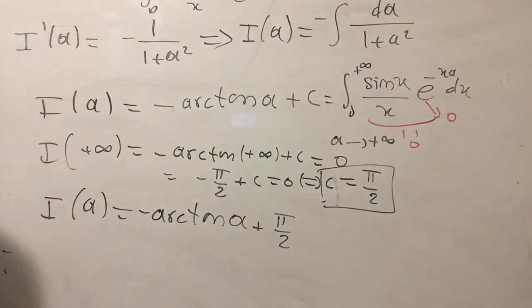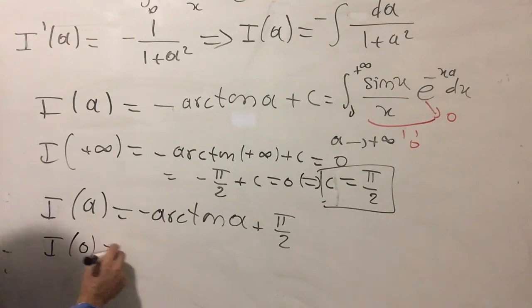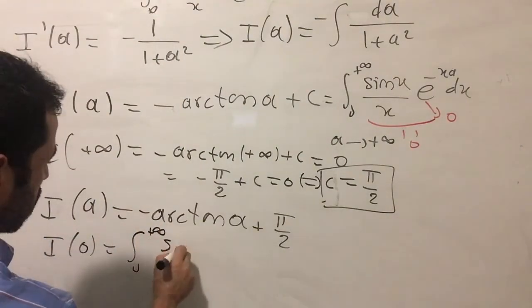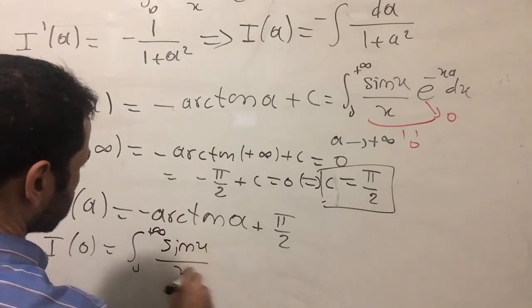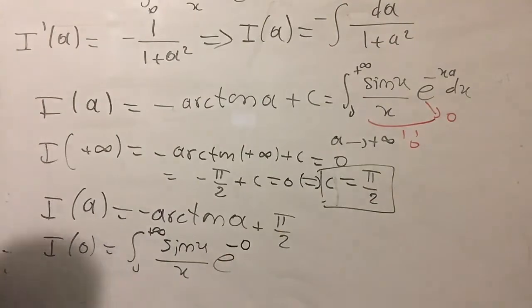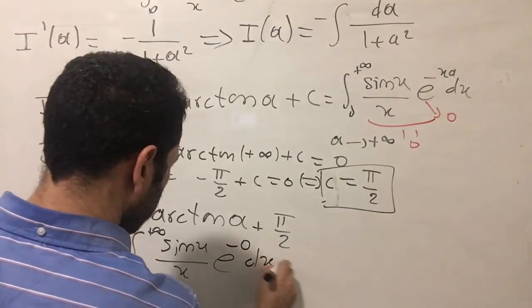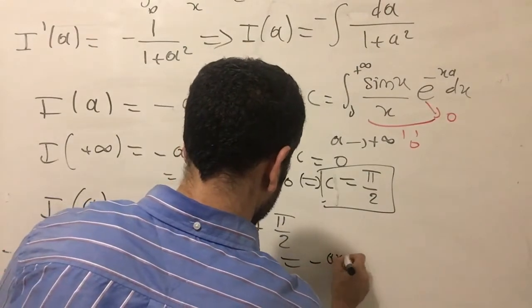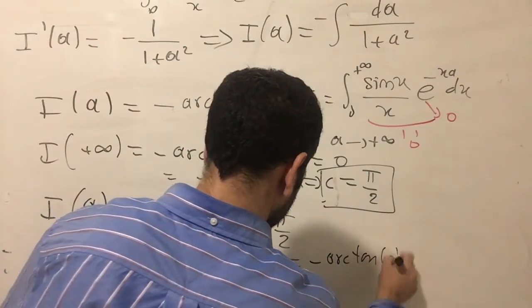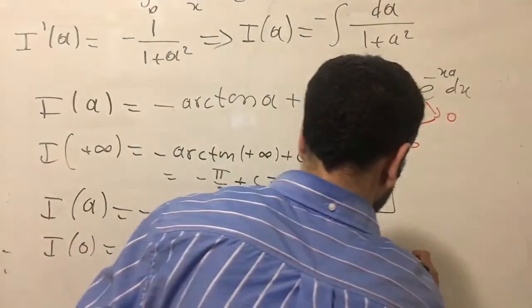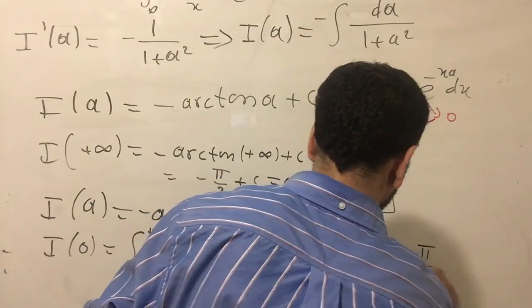So now I of 0 equals this integral from 0 to plus infinity of sine x over x e to the minus 0, dx, equal to minus arctangent of 0, because we are plugging a with 0, plus pi over 2.